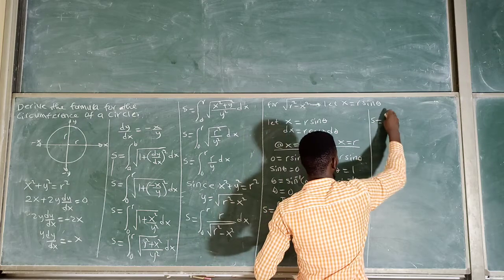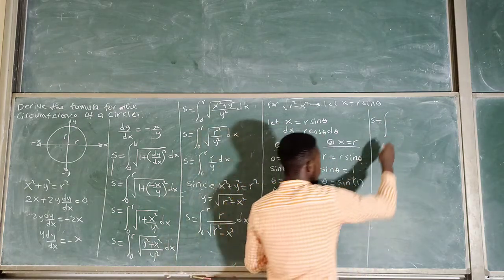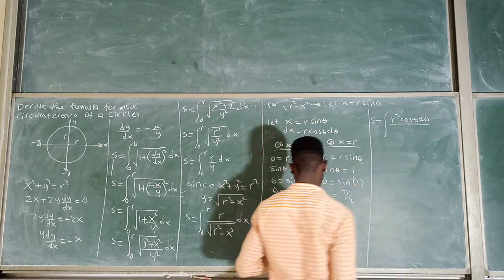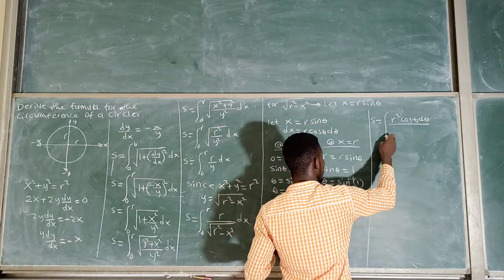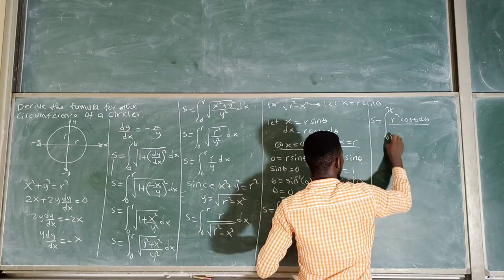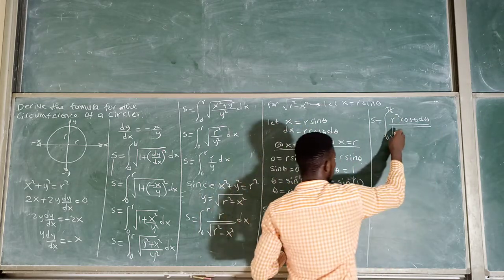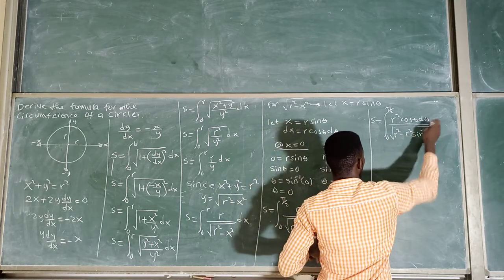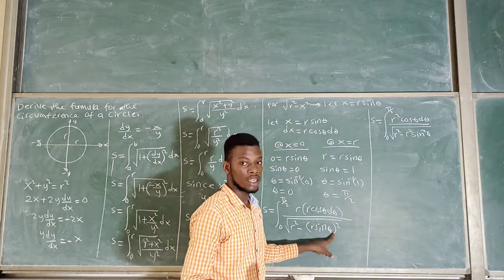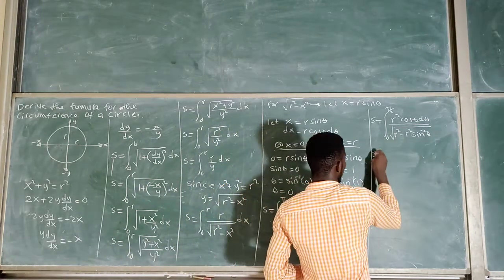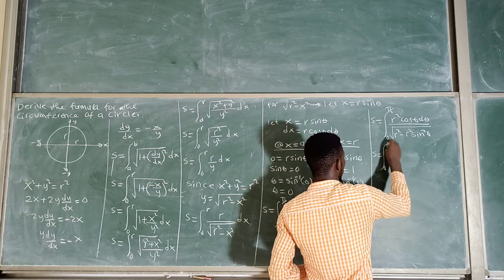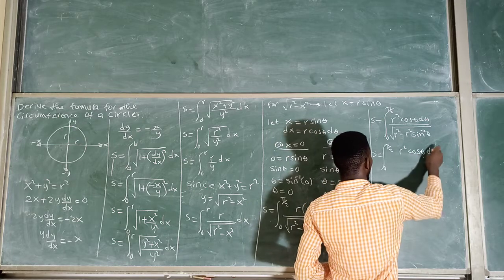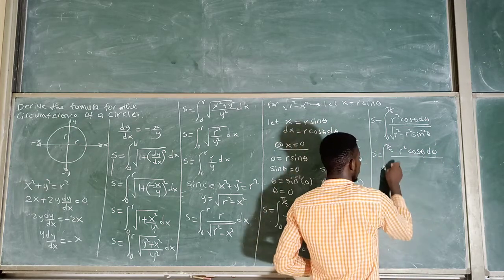So s is equal to the integral of r times r, which is r squared, cos theta d theta, all divided by, the bound is from 0 to pi by 2, don't forget, the square root of r squared minus r squared sin squared theta. So r sin theta all squared is r squared sin squared theta.